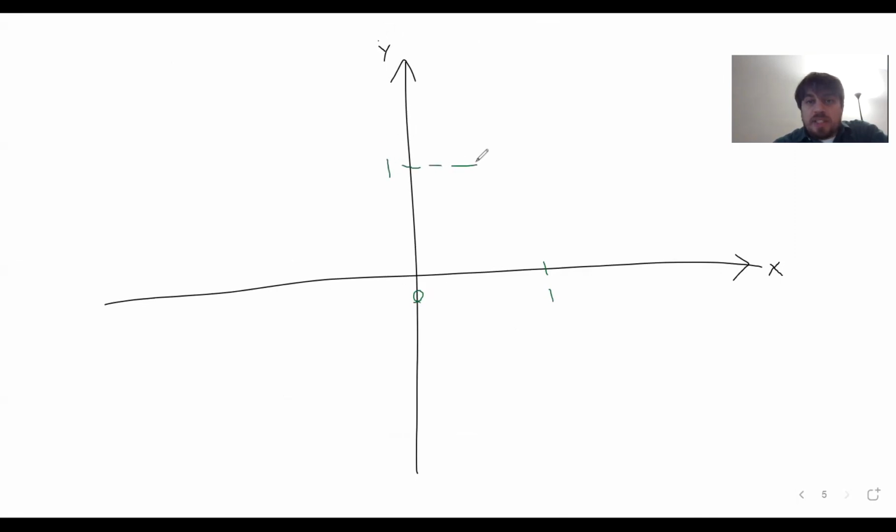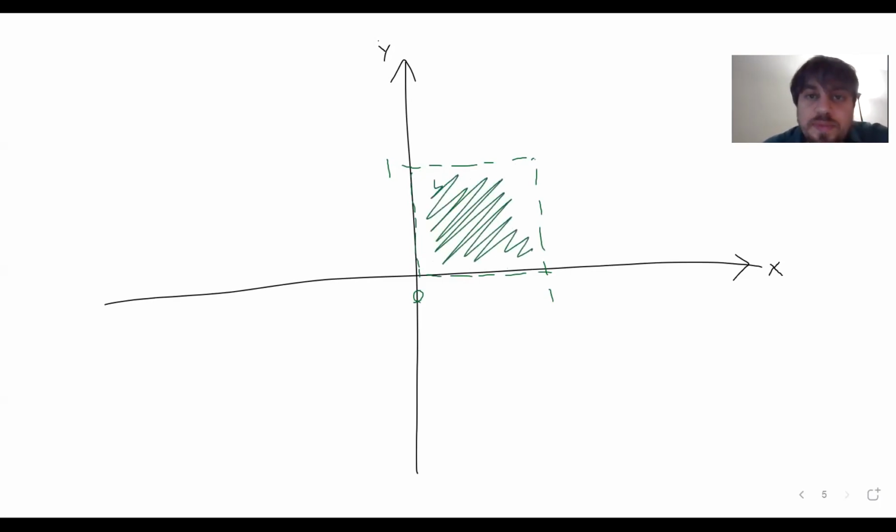And so only in this region, right? Only here can little f of x comma y take on a non-zero value, not including the boundary. So not including the boundary of the square, only inside the square is the PDF non-zero, right?